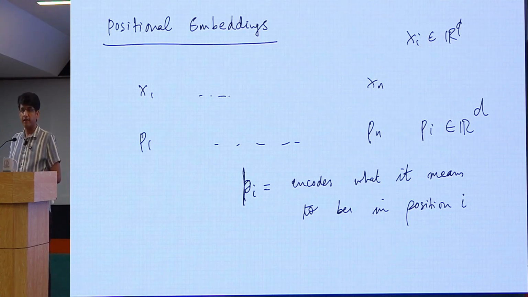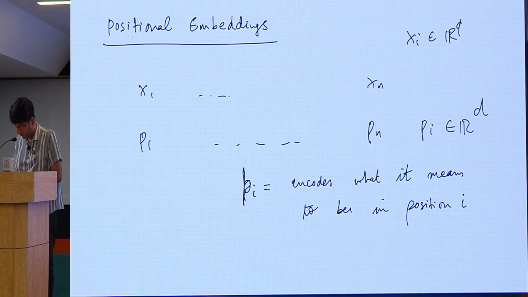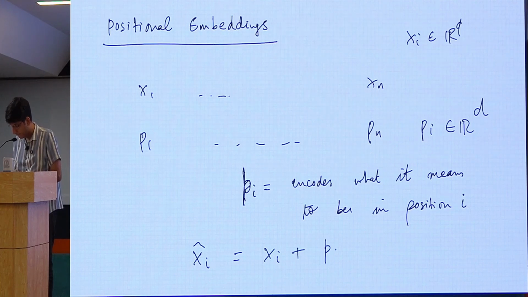One very, very simple solution that works to some degree is that before you even multiply this with the query key value matrix, you perform this operation xi plus pi.